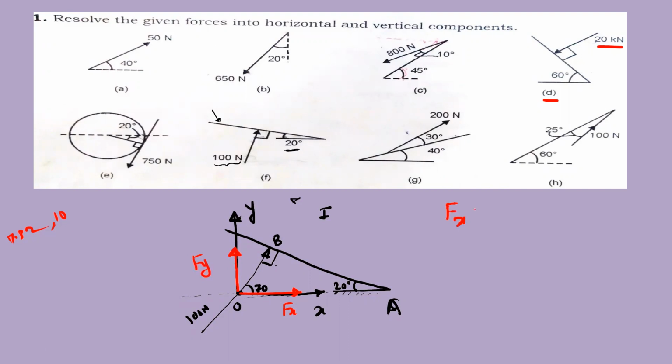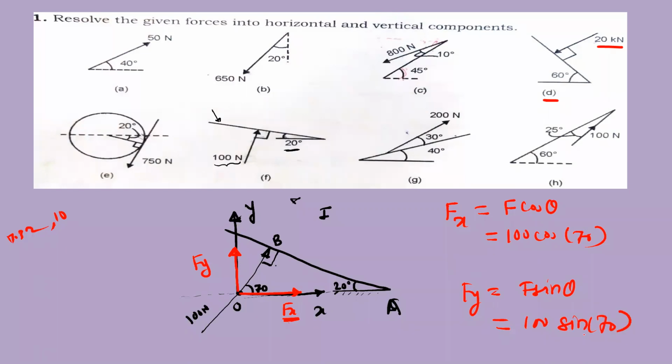Here Fx is adjacent to the 70 degree angle, so Fx is equal to F cos theta, where the force is 100 Newton, so 100 cos 70, and Fy is F sin theta, so 100 sin 70. This is how you can resolve the given 100 Newton along the x and y axes.